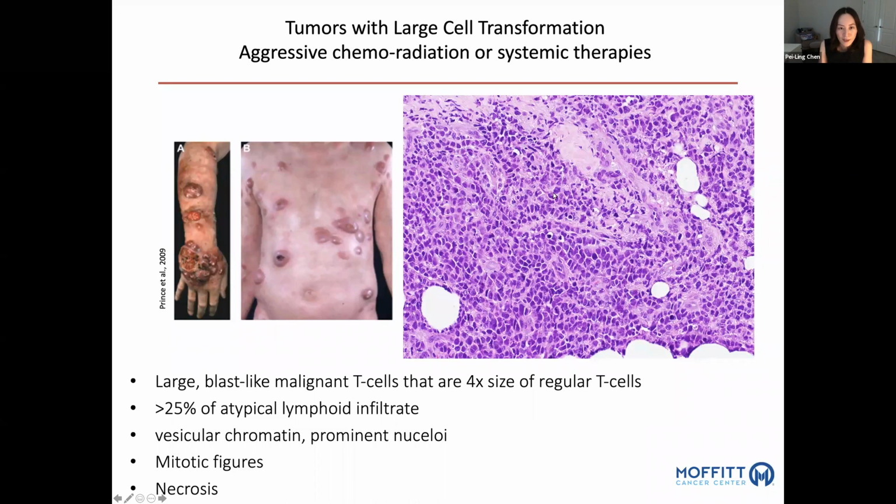To diagnose these aggressive large cell transformed tumors, compared to the small to medium-sized malignant T cells that I showed you in the patch plaque lesions, what we want to see is large blast-like malignant T cells that are 4 times the size of regular T cells.